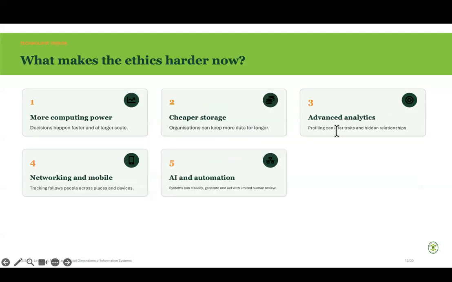Now, we have been discussing issues regarding ethical dimensions for some time now. But as we speak today, there are more ethical questions which have become more difficult for us to deal with than they were 20 years ago.